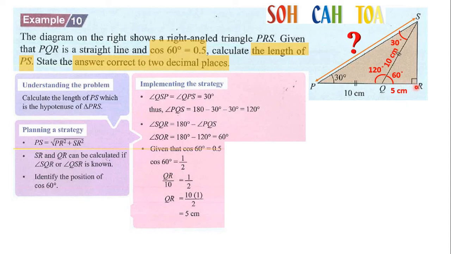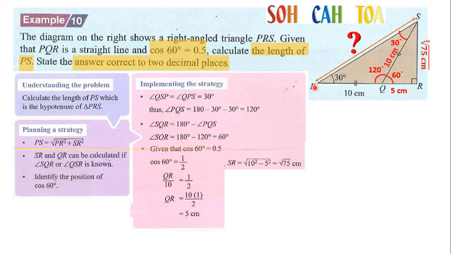Alright. Now you know this side is 5 centimeter, this side 10 centimeter. Now you can find the length of SR by using Pythagoras theorem. You get SR as square root 75. Just leave your answer in this surd form. Okay, look at this question. Calculate the length of PS. You want to know this length.